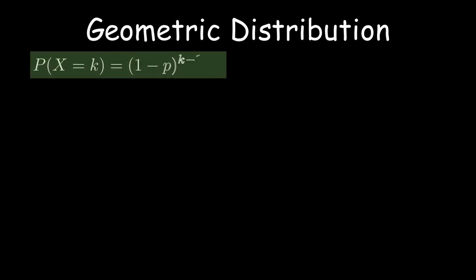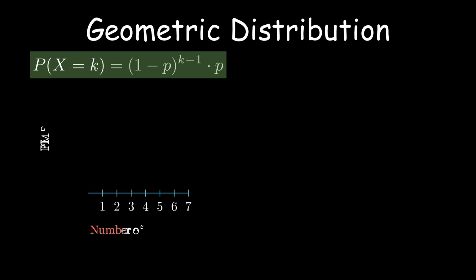Mathematically, the PMF of the geometric distribution is defined as follows. Here, P of X equals k is the probability that the first success occurs on the k-th trial. The parameter p is the probability of success on each trial.